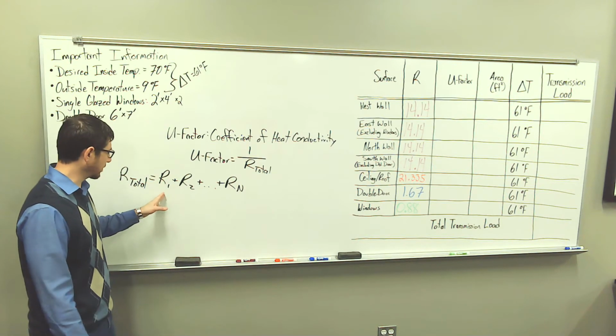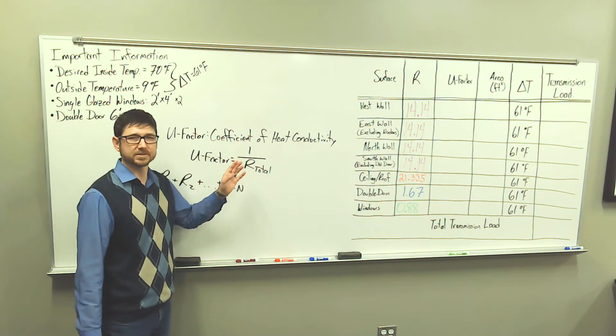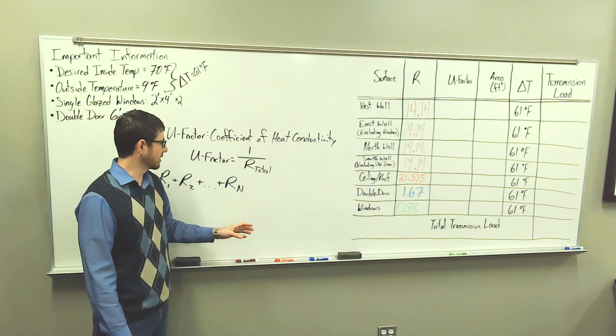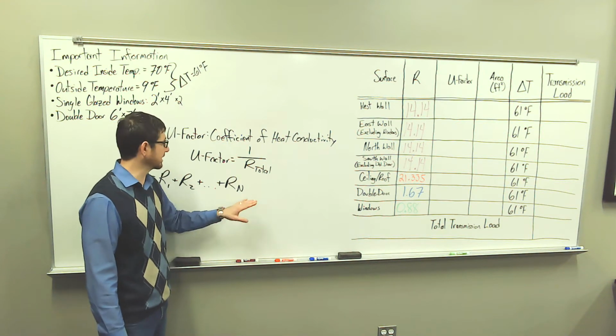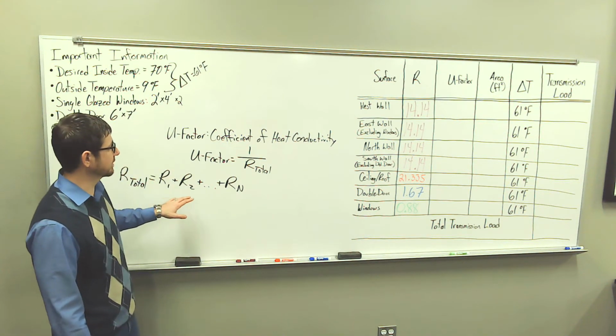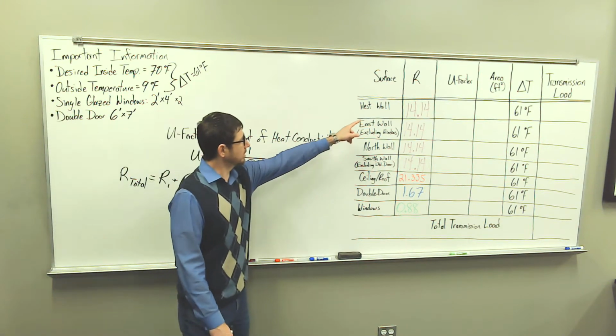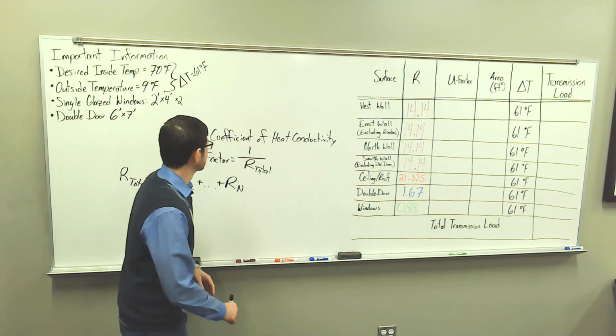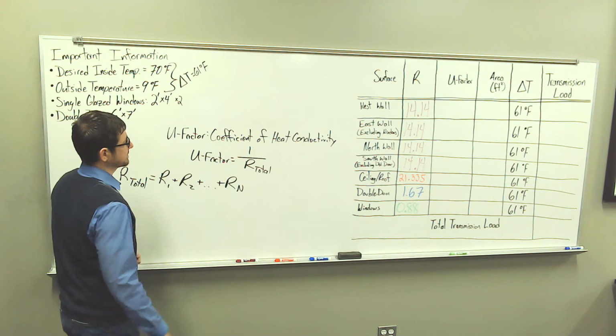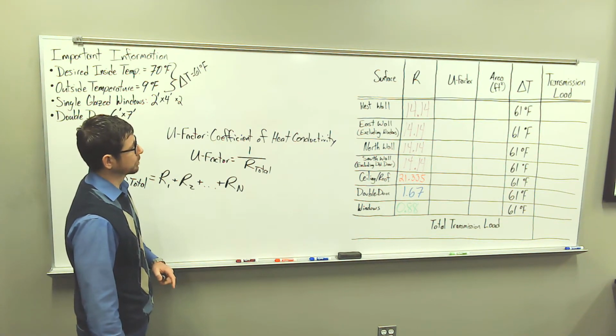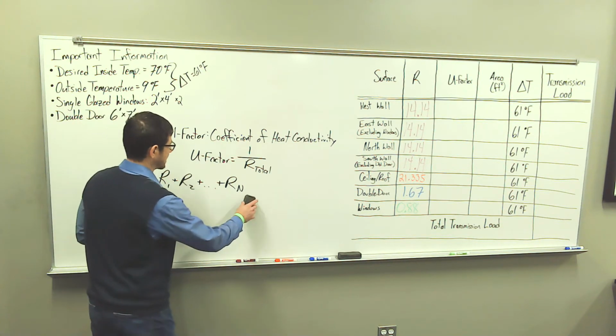So it would be R1 plus R2 plus R3 all the way through R sub 7, okay? And we already have this R total value for all of our surfaces. So let's take a look at the U factor for the west wall, okay?